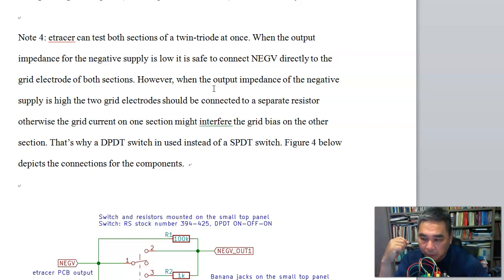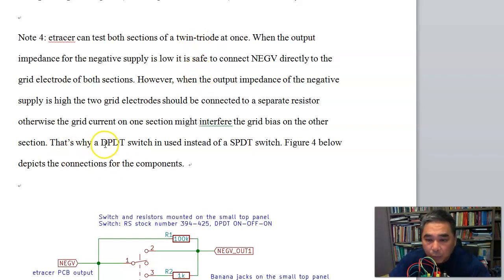So we need to disconnect these 2 banana jacks and treat them separately. Otherwise, the grid current of one section will interfere with the grid bias in the other section of the twin triode.